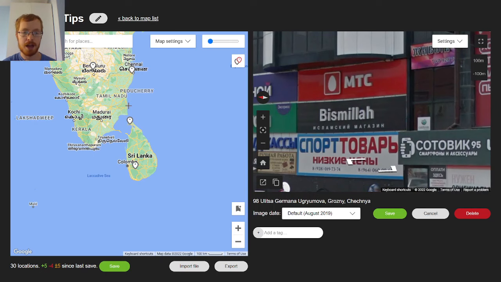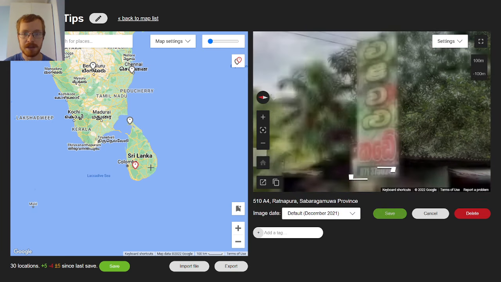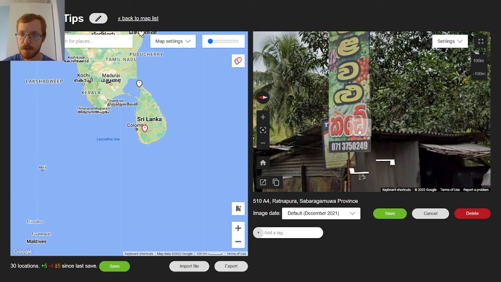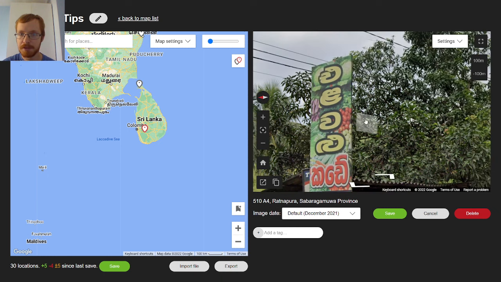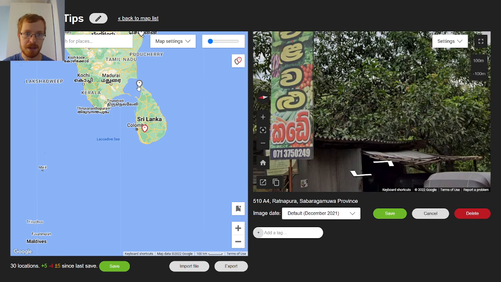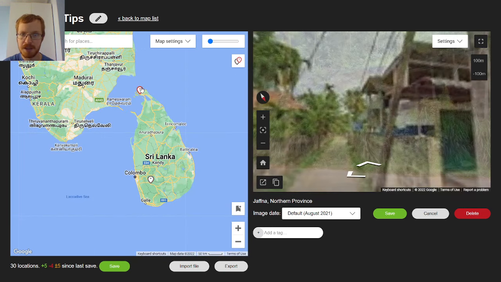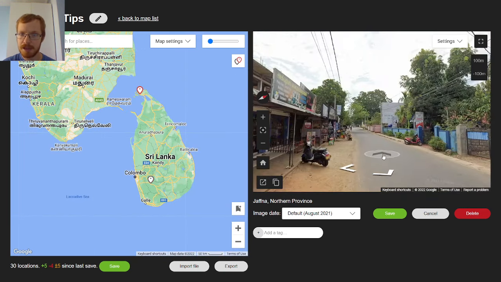So I'll also show you two examples of Sinhala and Tamil in GeoGuessr that can maybe help you distinguish the two. So Sinhala, as you can see, you have generally a lot more curved, rounded characters in the language, whereas here in Tamil, which is spoken in the north and the east, it just looks a little bit different.